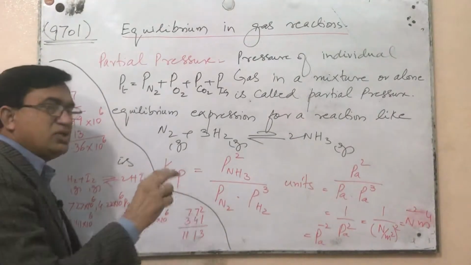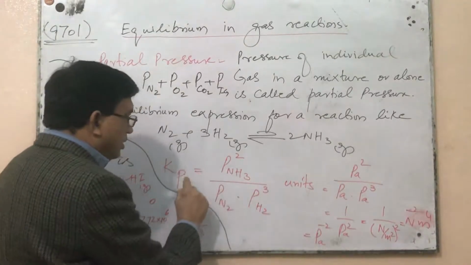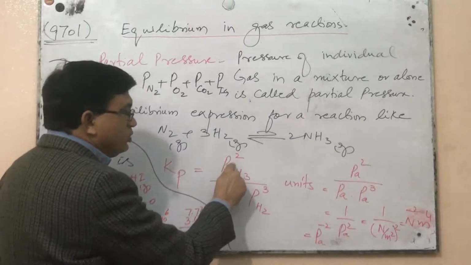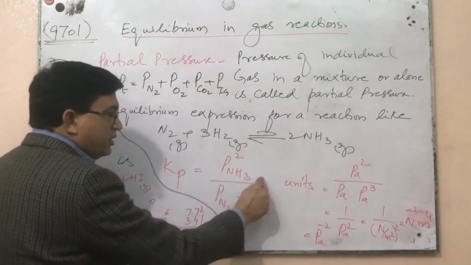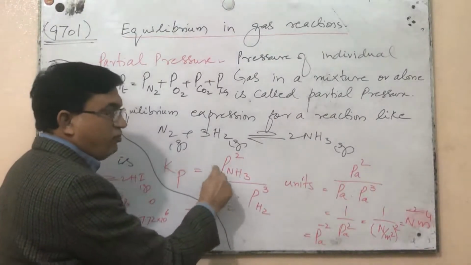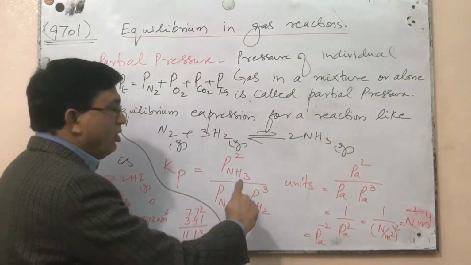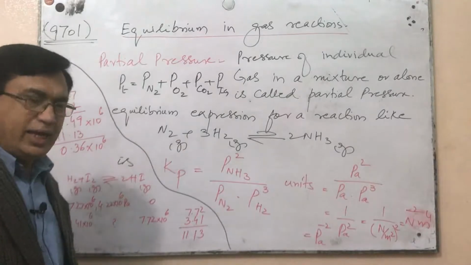Here, P stands for the partial pressure. We use P as the symbol of partial pressure, the reactants or products are written as a subscript with P, and the number of moles are written as exponents in the expression.